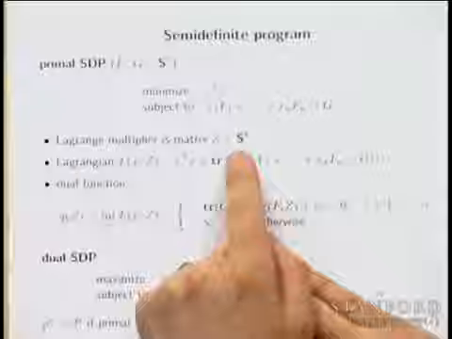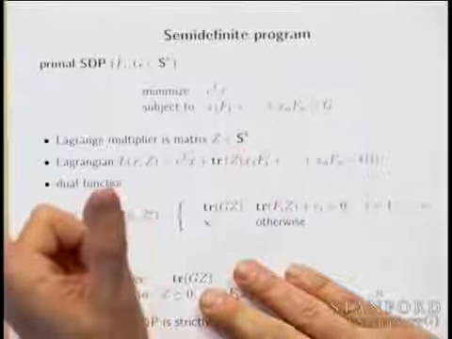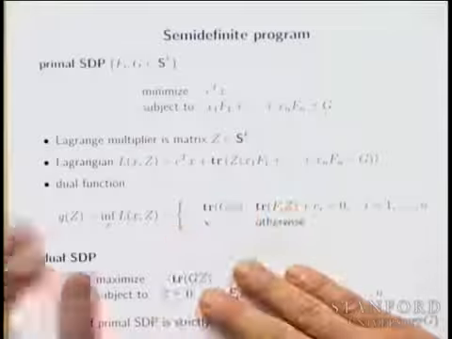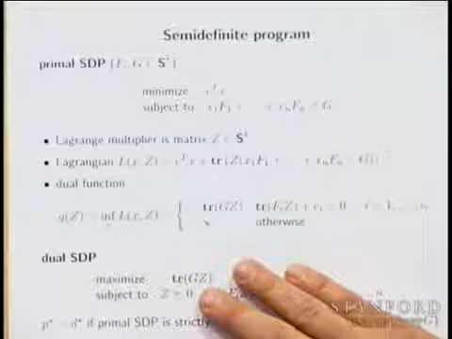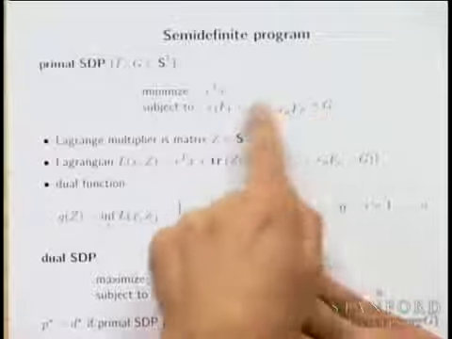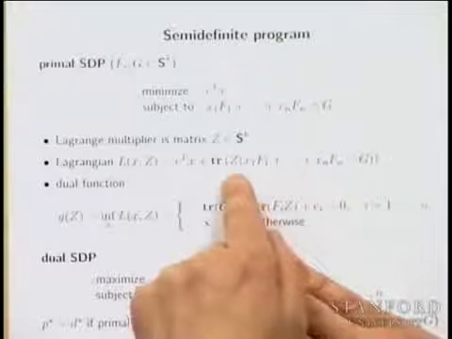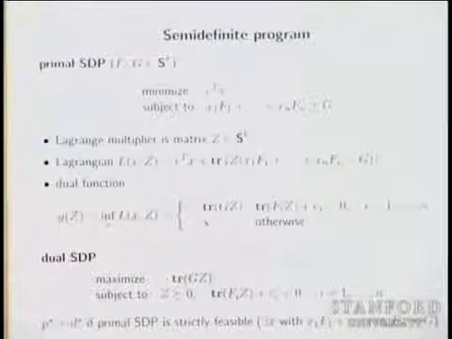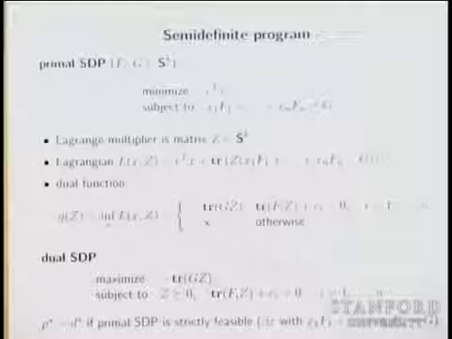The inner product between two symmetric matrices is trace. In general, it's just trace A transpose B, but if it's symmetric, it's just trace AB. So it's the trace of this thing with a minus sign times Z. So that's the Lagrangian right there. And you stare at it for a long time and you realize it's affine in x. We know how to minimize an affine function.